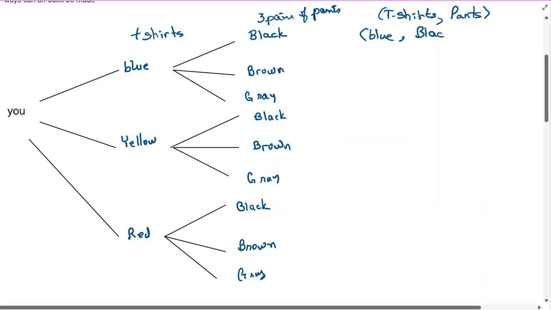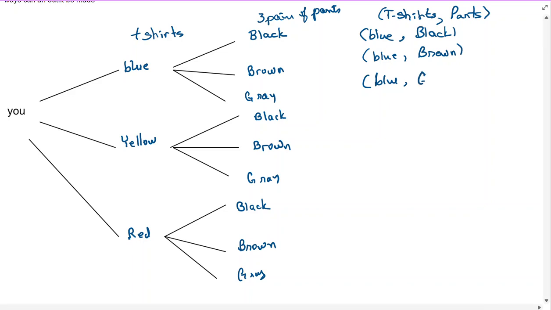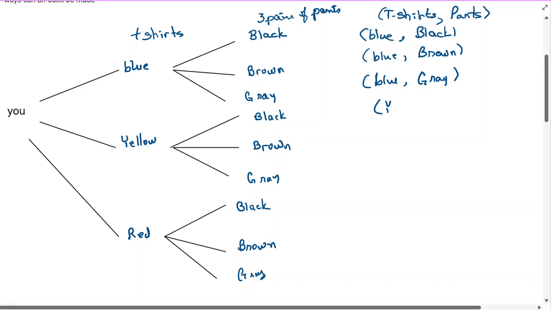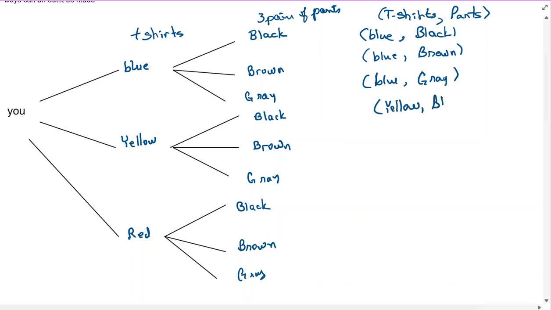Blue for the t-shirt and gray pants. Now we're going to the yellow t-shirt. So we can have yellow t-shirt and black pants. Or the yellow t-shirt with the brown pants. Or the yellow t-shirt with the gray.